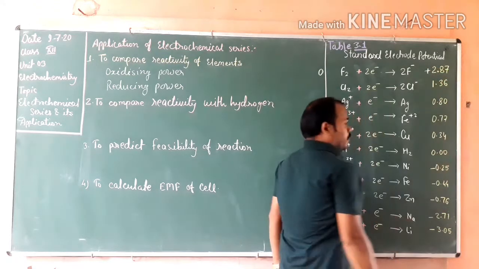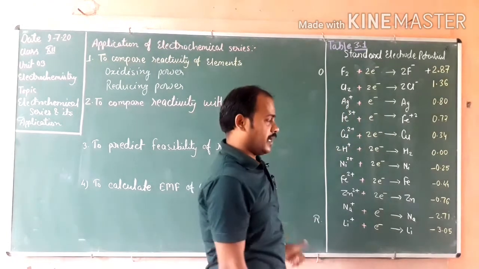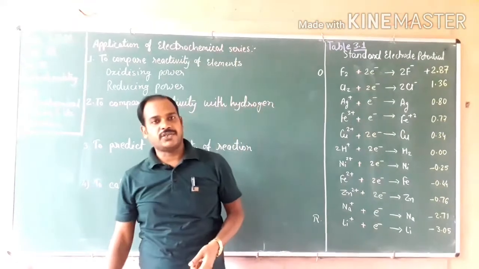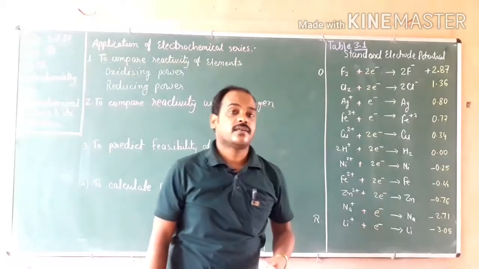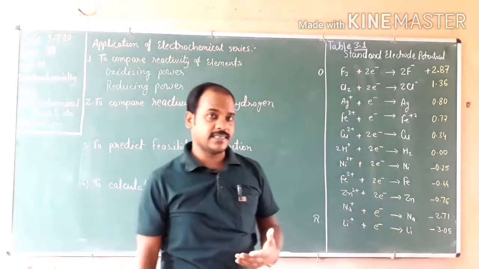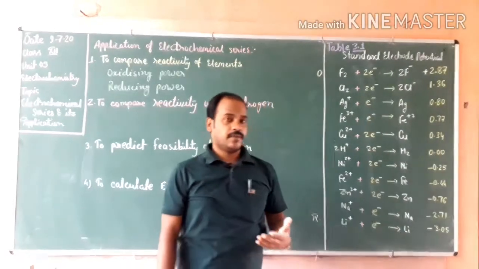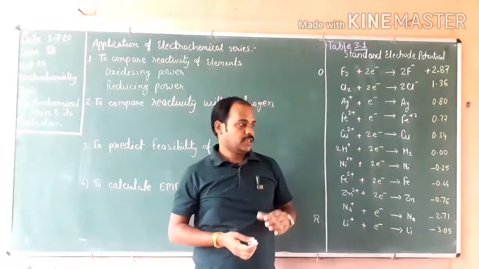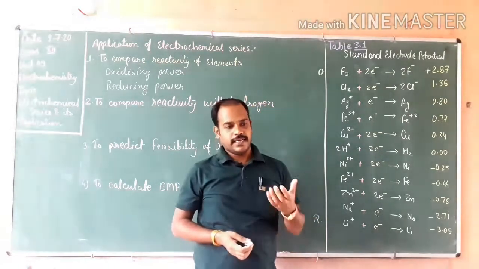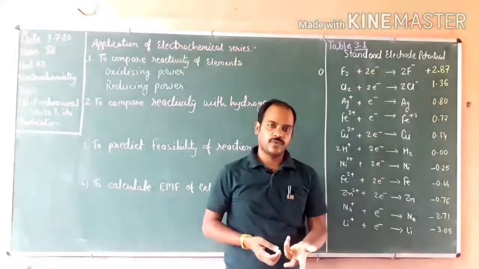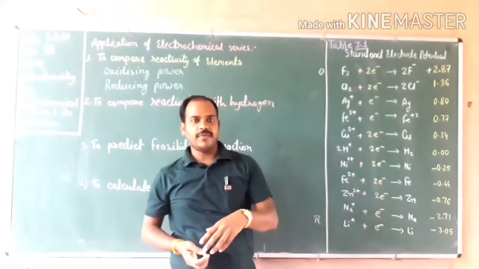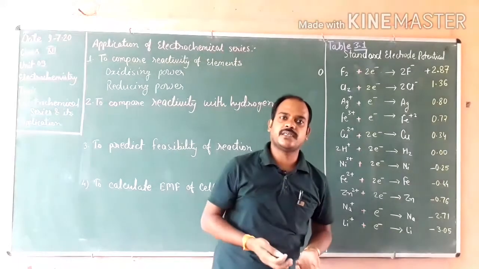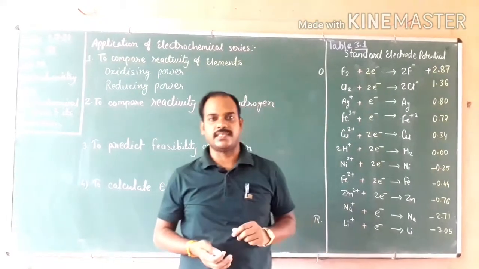This 2.87 is positive. In my previous video I have told you that the electrode potential is 0 for the standard hydrogen electrode, because we have calculated electrode potentials by comparing with the standard hydrogen electrode. And now if we measure, as in case of zinc, the electrode potential of zinc, it is minus 0.76.